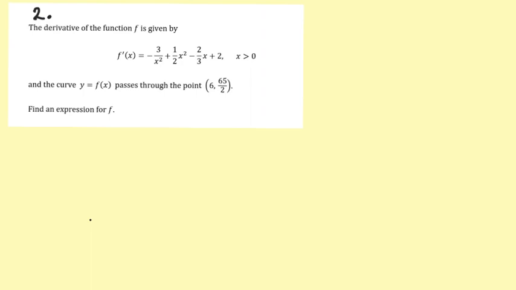Question 2. The derivative of the function f is given by f dash of x is equal to minus 3 over x squared plus a half x squared minus 2 over 3 x plus 2 for x greater than 0. And the curve y equals f of x passes through the point (6, 65 over 2).